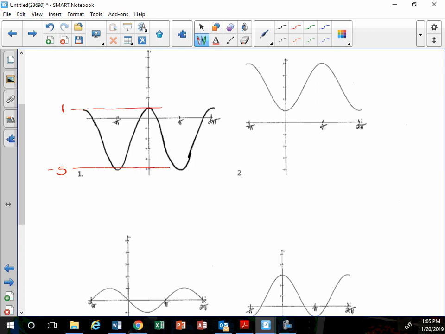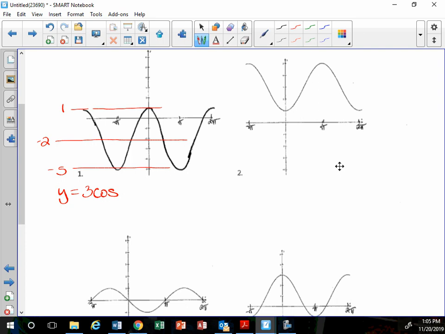So what's 1 plus negative 5? That's negative 4, and then divided by 2 is negative 2. Your midline is the average of the maximum and minimum. You subtract, and the amplitude is 3. Good job. Excellent.